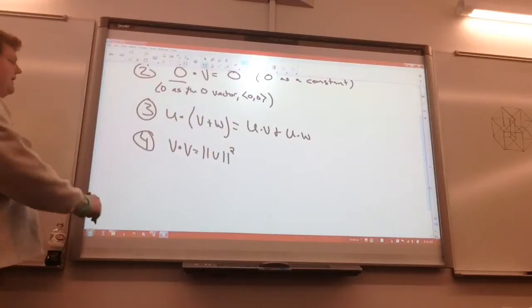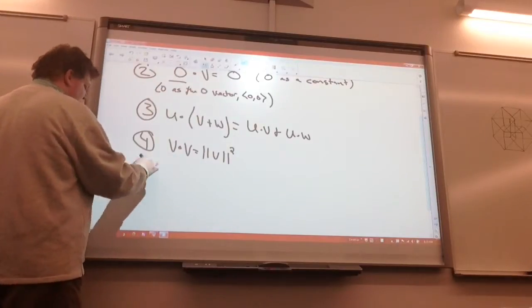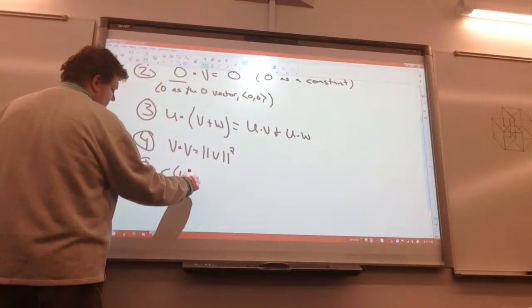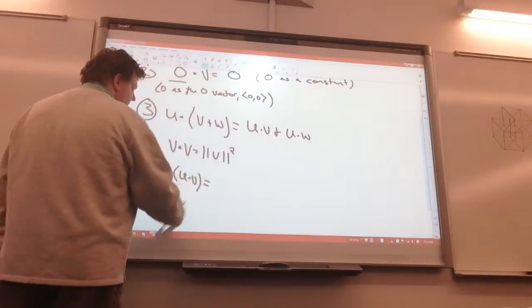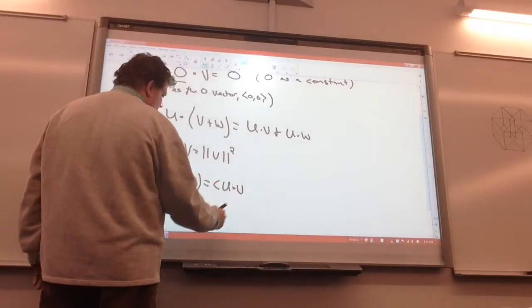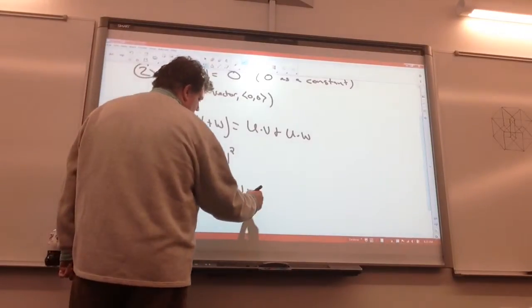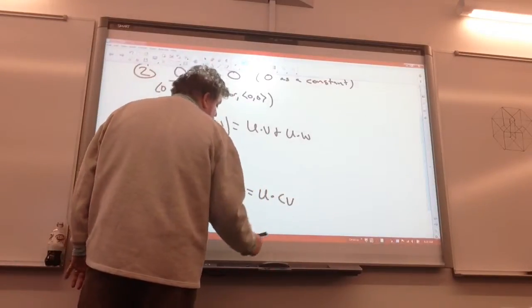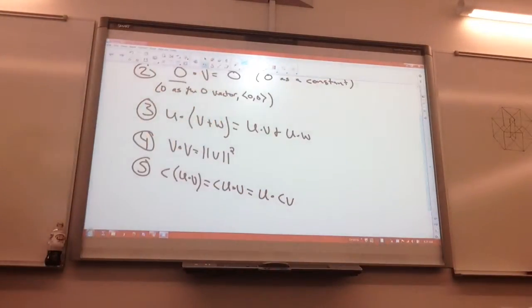And interestingly, if you have a scalar times the dot product of two vectors, that scalar you multiply first to one of the two vectors. It doesn't matter which one you do it to.